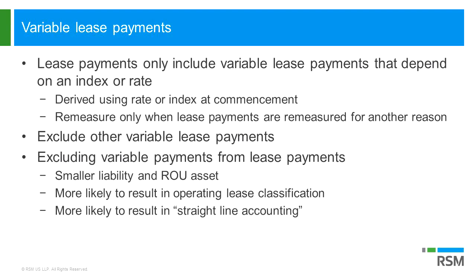And so if you had a situation where you have a lease that has a CPI factor, whatever that rate or factor is at the commencement of the lease, that's what you would use to determine your variable lease payments, somewhat converting that to a fixed lease payment and including that in the lease payments that are going to be used to determine the amount of the right of use asset and lease liability. Excluding variable payments from lease payments will result in a smaller liability and ROU asset, more likely to result in operating lease classification, and more likely to result in straight line accounting.